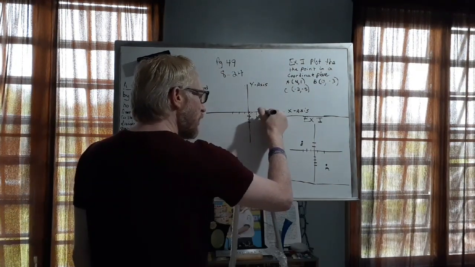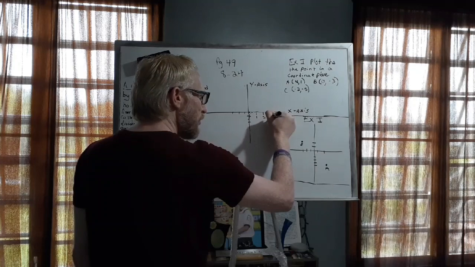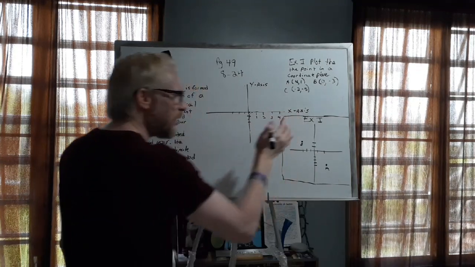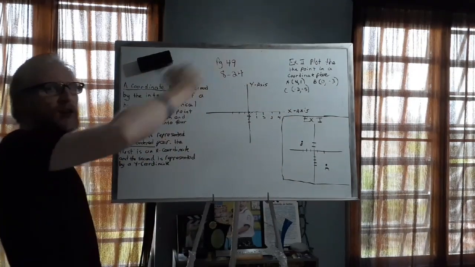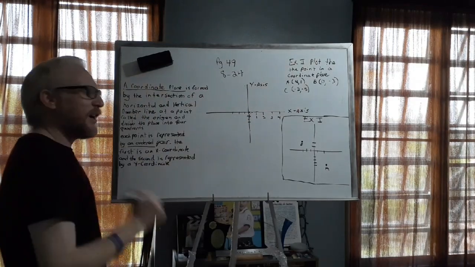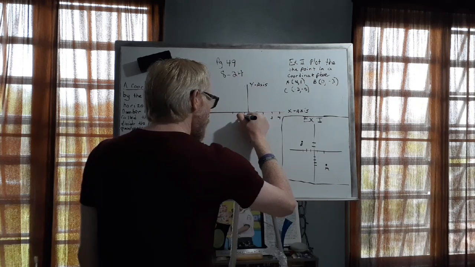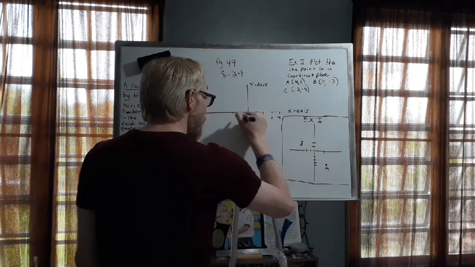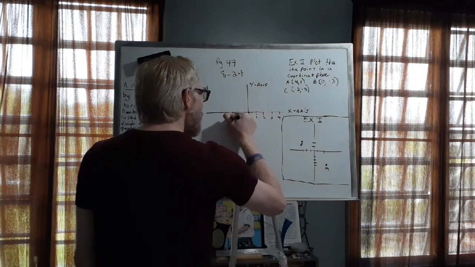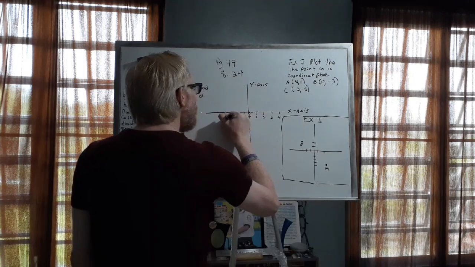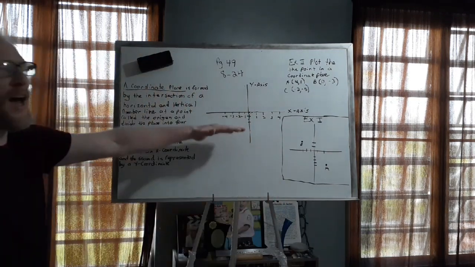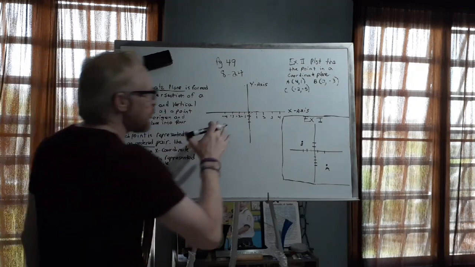So we have positive 1, positive 2, positive 3, positive 4, and it continues infinitely to the right. And to the left, all the numbers are negative. We know that for a horizontal number line: negative 1, negative 2, negative 3, and negative 4, because I explained this in the other videos when we had number lines.